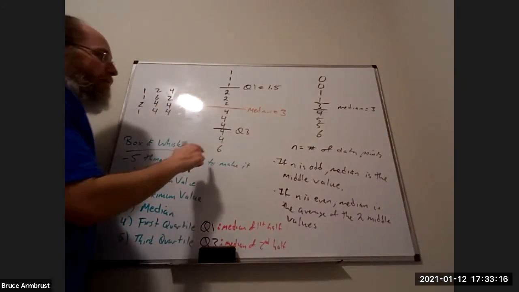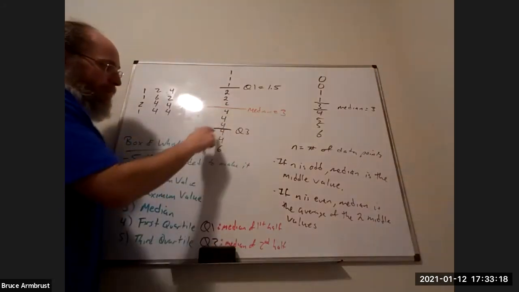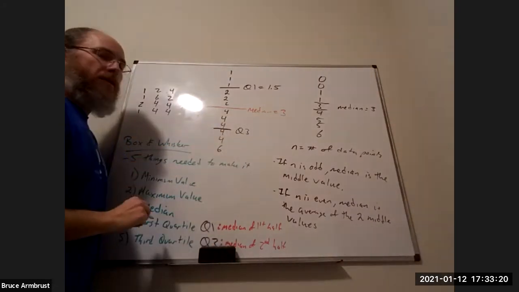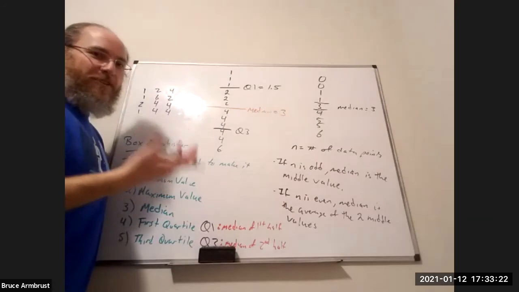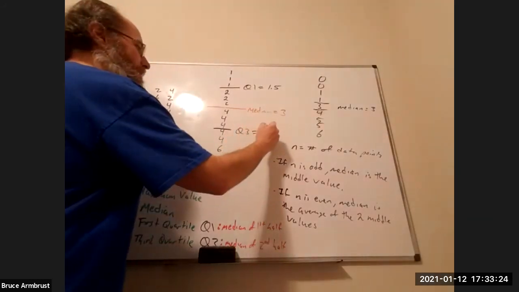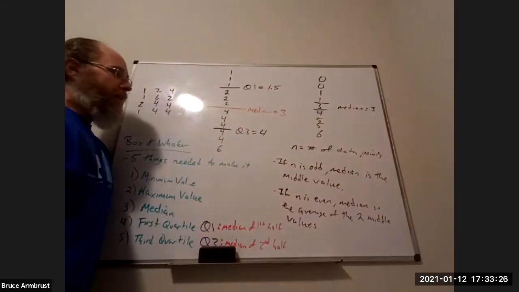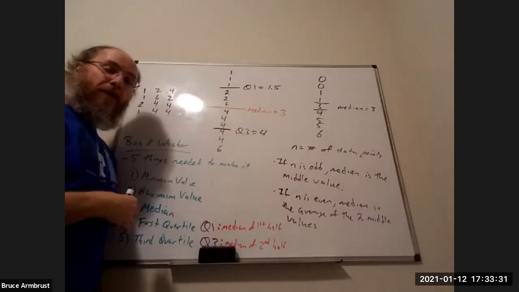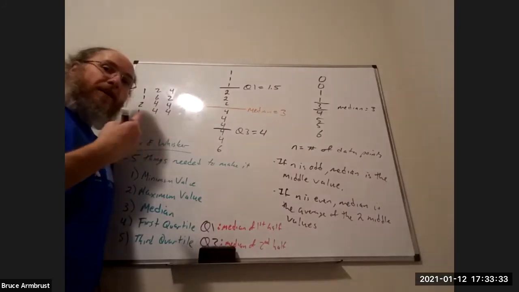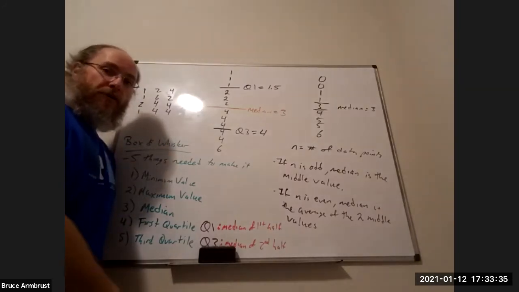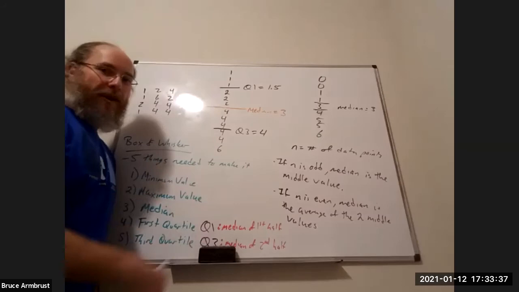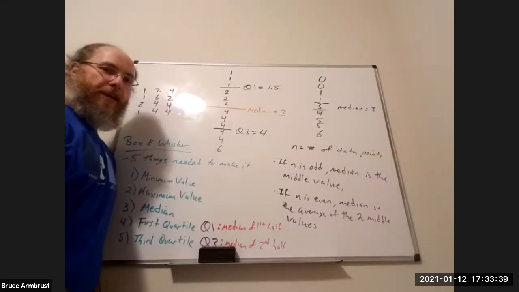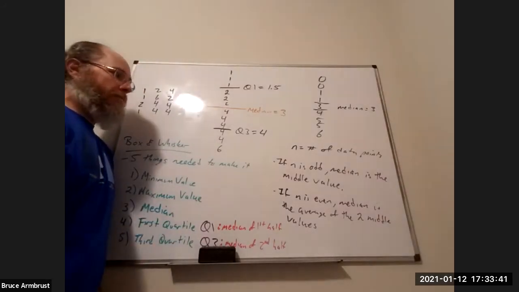The third quartile lands between two numbers, which are 4 and 4. If you average them, you get 4. If you ever end up with this, where your median or quartile or whatever our cutoff is between two numbers of the same value, that is your answer. Because when you average two numbers that are the same, you get that number.